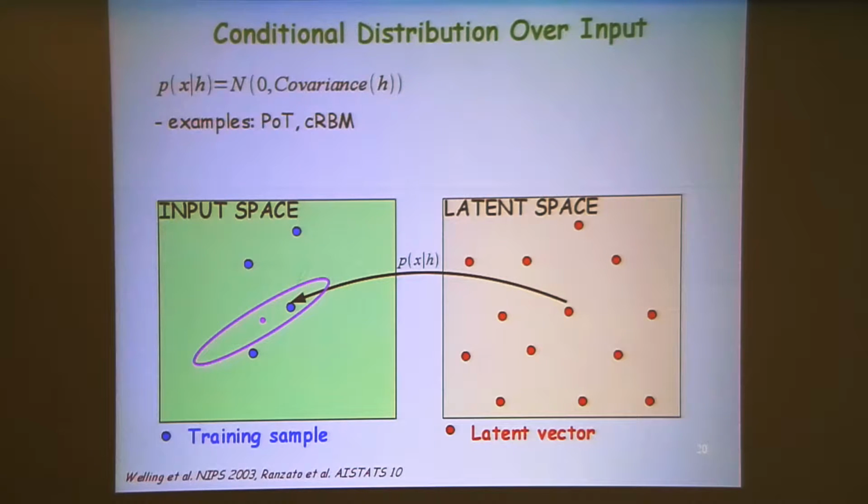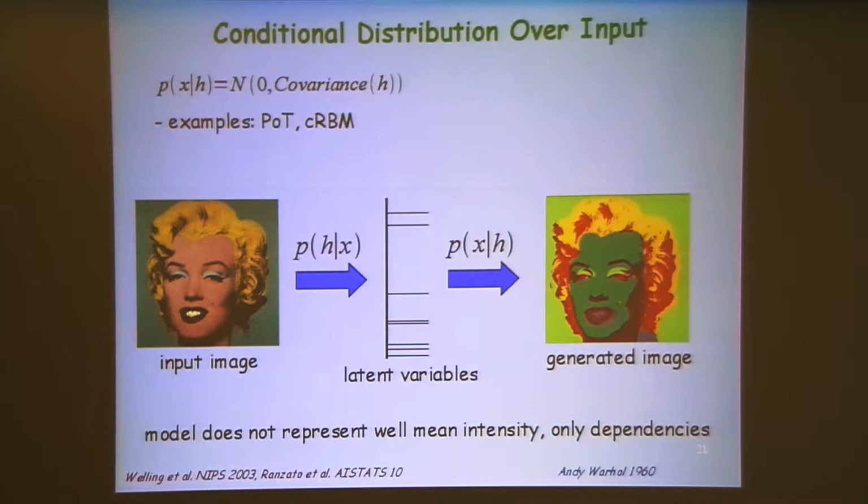So every configuration of latent variables determines the covariance function, and therefore a different set of dependencies between what you observe. If we go back to our toy illustration, now if you generate from the conditional distribution of the input given the latent variables, you might get an image like this. Take two pixels here in the forehead: they take pretty much the same values, and they take the same values also here.